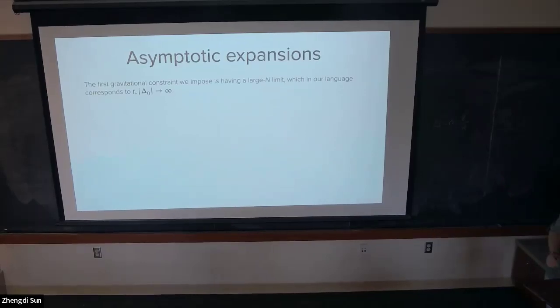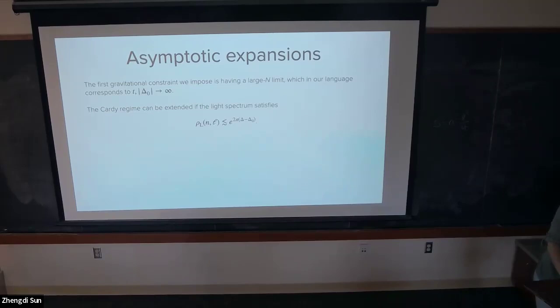So let's look at that. The first gravitational constraint that we impose is having a so-called large N limit. In gravity terms, that means that you can write a semi-classical expansion. In our language, that corresponds to taking the index, or delta 0, which scales like the index, very large.